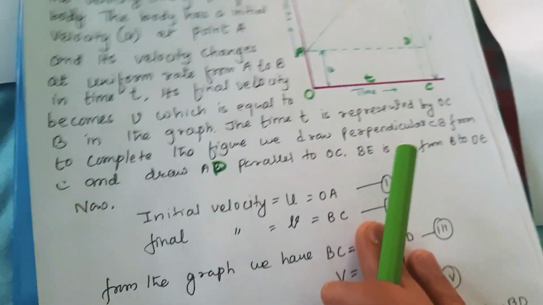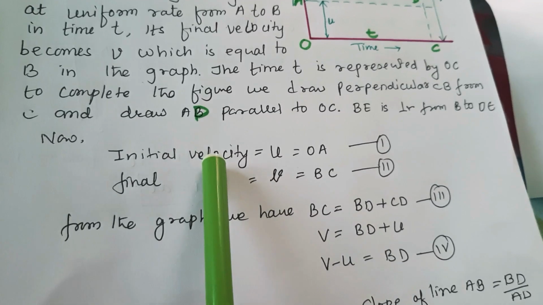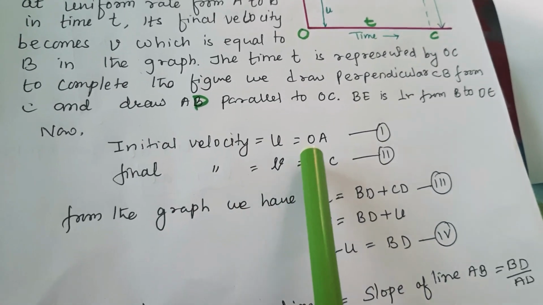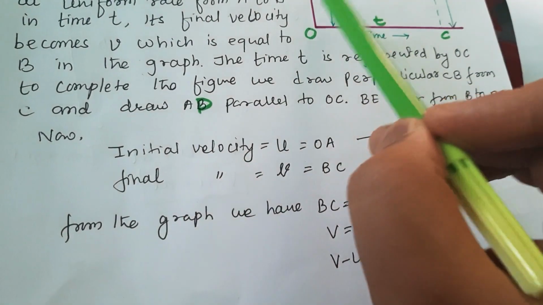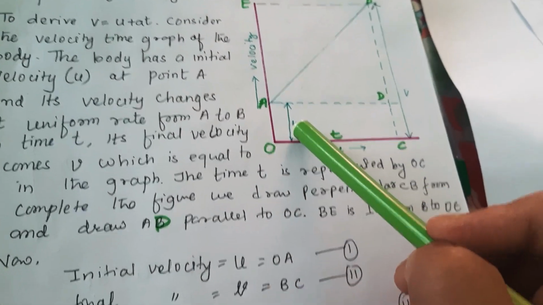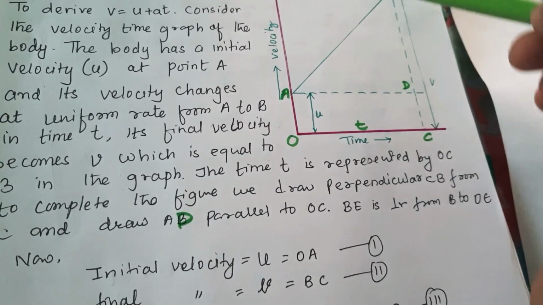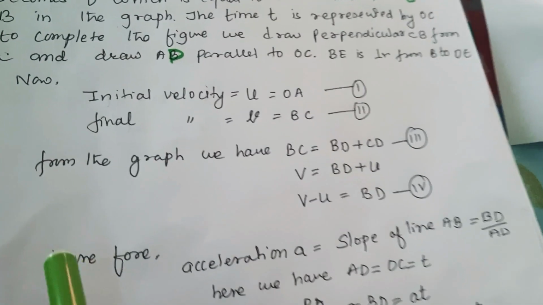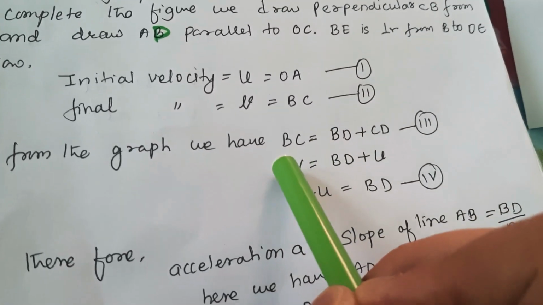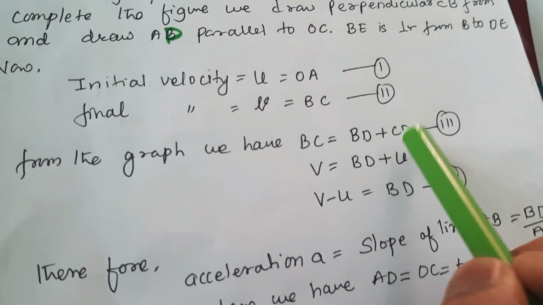Now in this graph, the initial velocity u is OA, and the final velocity is v, that is BC, the total one. From the graph we have BC equals BD plus CD.